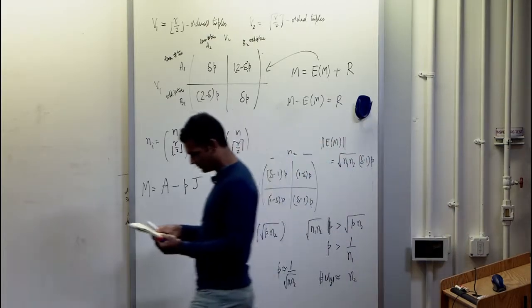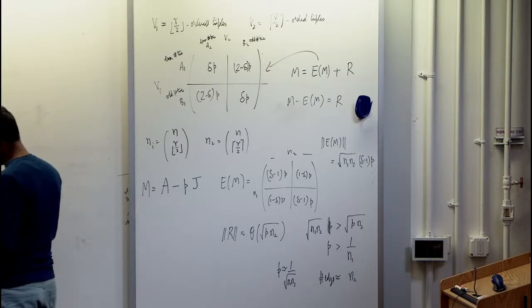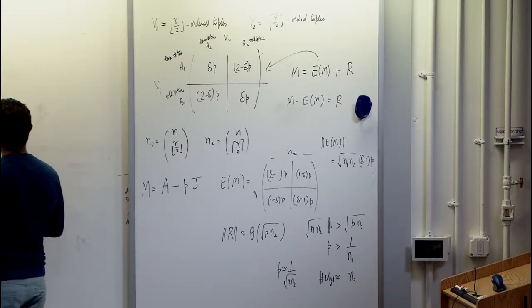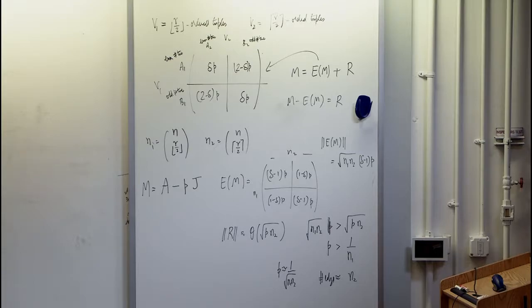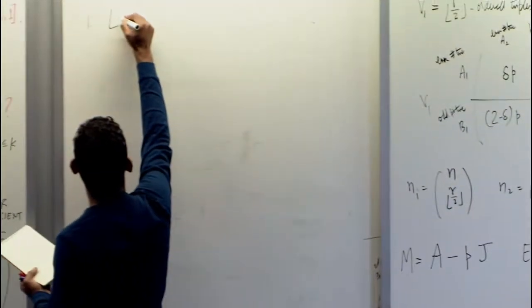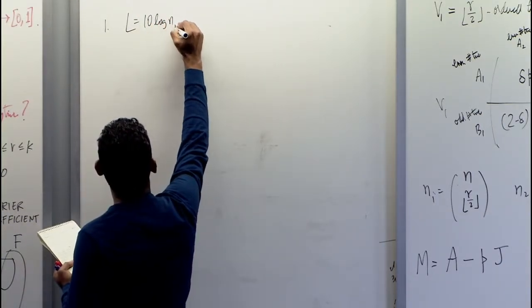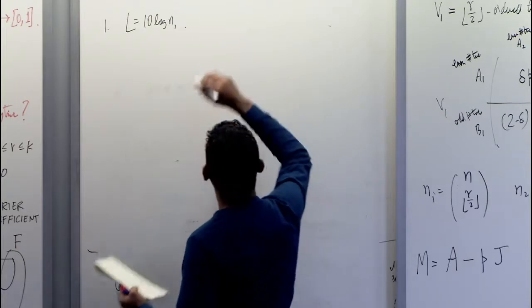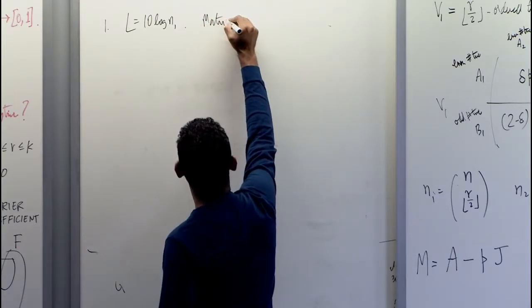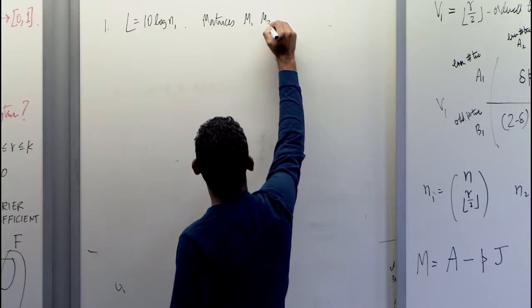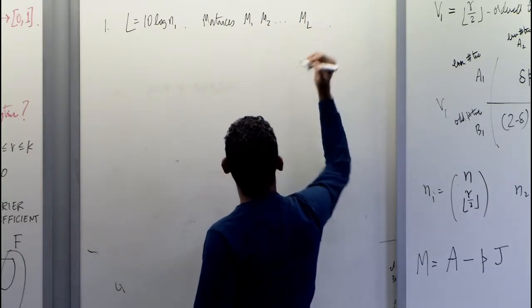Okay, so here's the algorithm. Just use a parameter, say L equals 10 log n. And we'll have matrices M1, M2, all the way up to ML.